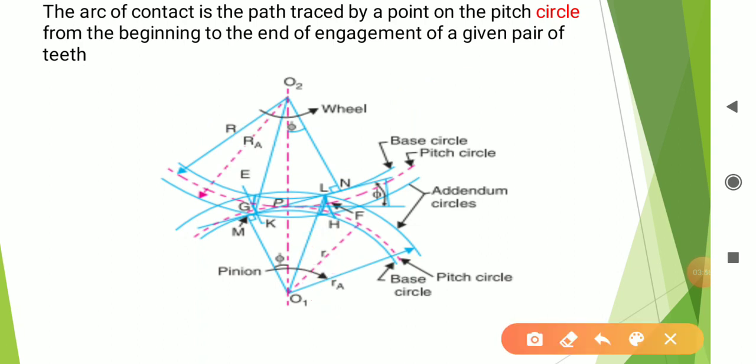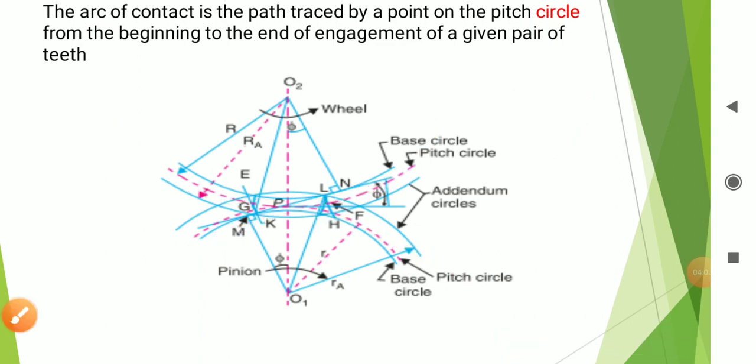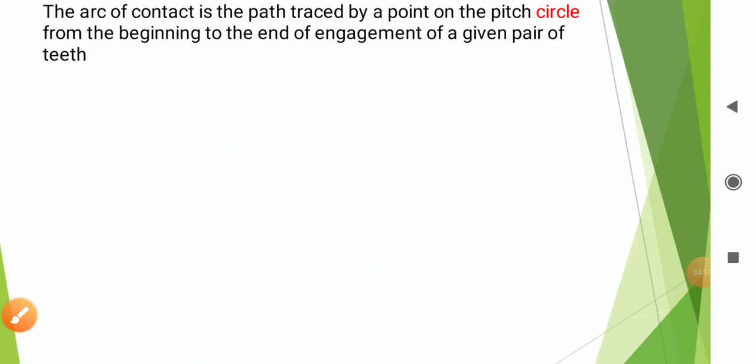See here, this is the base circle of the wheel, here the base circle of the pinion. This is the pitch circle of the wheel, and likewise here the pitch circle of the pinion. Next, the addendum will be there.